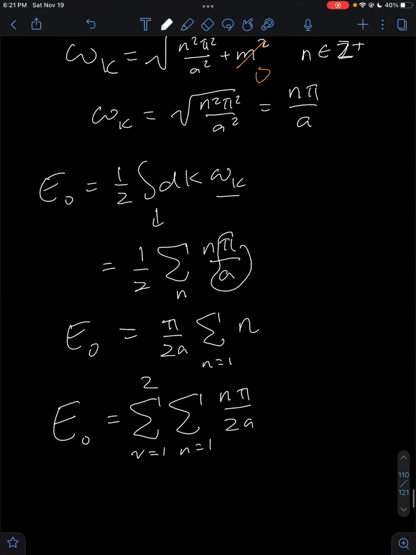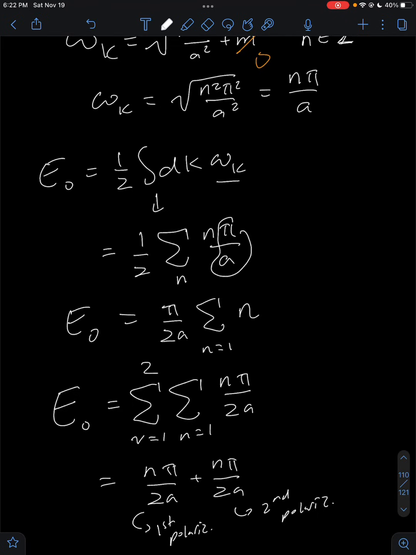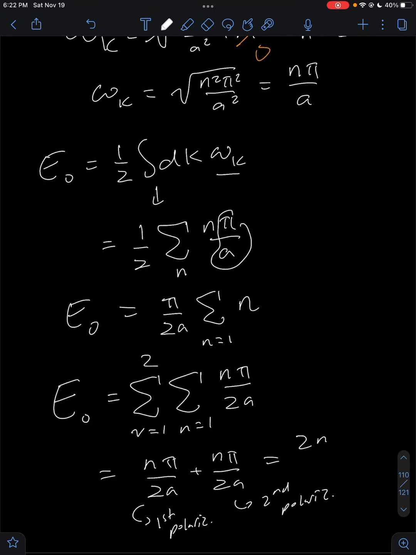So when we do that, that just gives us n pi over 2a plus n pi over 2a. Here's the first polarization, and here's the second polarization. That's just going to give us 2n pi over 2a. The 2's cancel out, and we just have n pi over a.